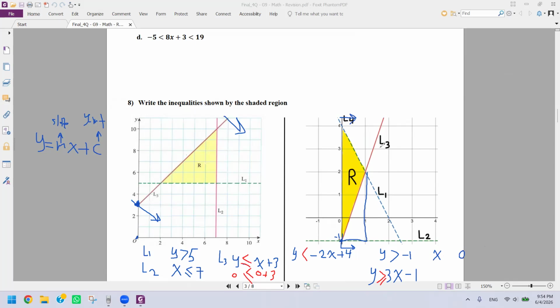Now check, it's going to the right. So positive. So x is greater than 0. Is it a solid line? Yes, since it's written the same, there's no dashed line. So x is greater than or equal to 0. So these 4 inequalities will give you that yellow region.